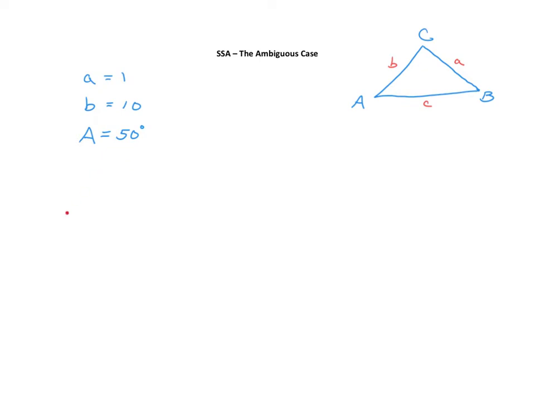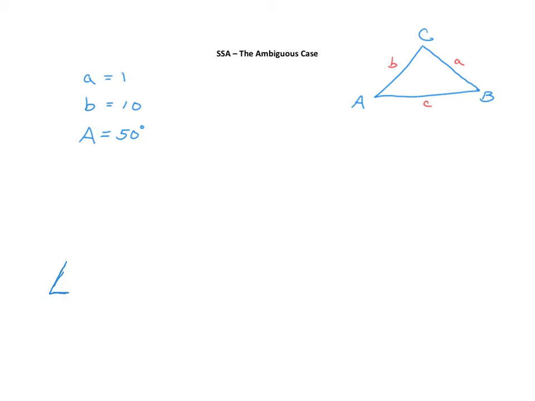And I'll try to draw it more accurately down here. Because I'm given angle A, and I'm not told anything about the length of side C, I'm going to start by just putting an angle in here to work with, but I won't extend the length of this side. So in trying to draw this triangle, I'm going to start by drawing maybe a 50-degree angle.